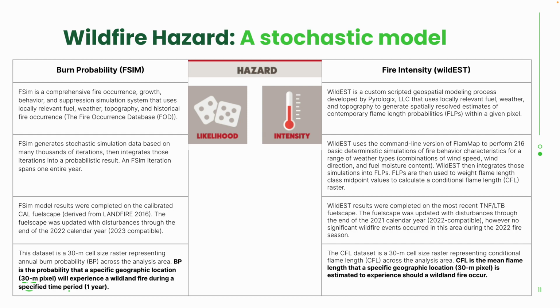Moving to the right side, the intensity, we then take those probabilities and we say, if an area is going to burn, what is the intensity of that burn going to be? And for WILDIS, we actually use over 216 different weather types, various combinations of wind speed, wind direction, fuel moisture content, etc. So again, does WILDIS in combination with burn probability FSIM take into account a prevailing wind on an August day?